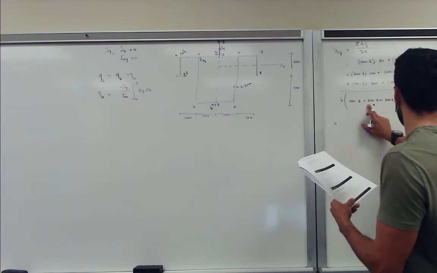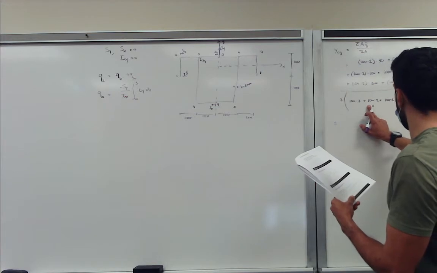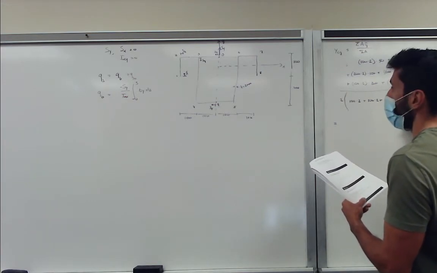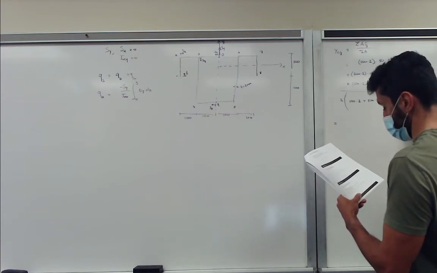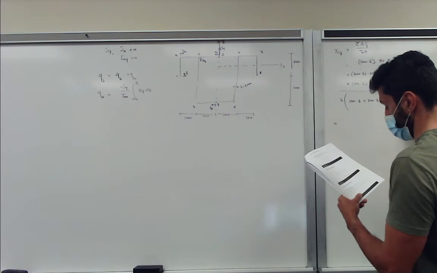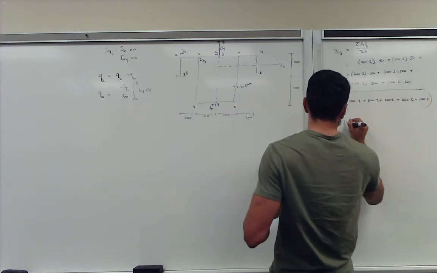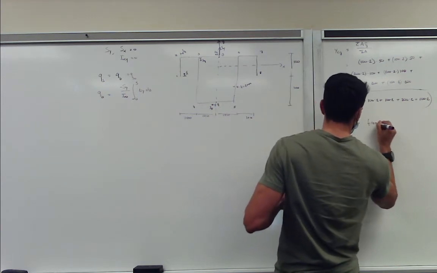One, 2, 3, 4, that's correct. I'm missing 200 times 2. That should be correct. Then we get 75 millimeters from the top.